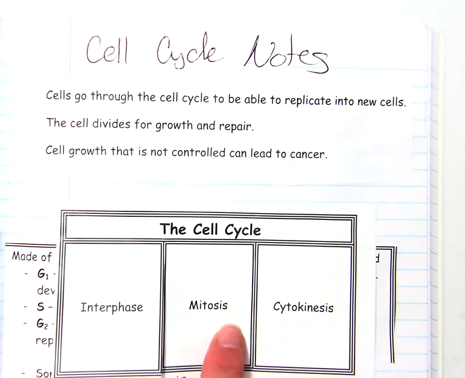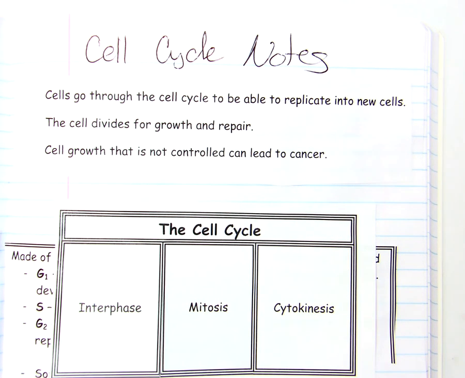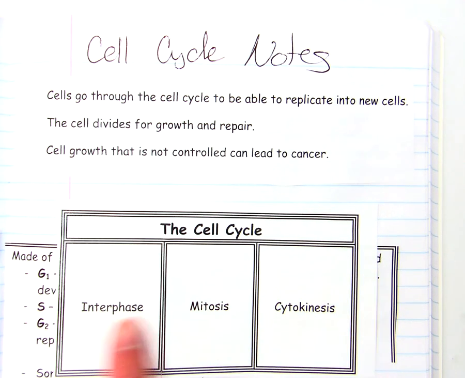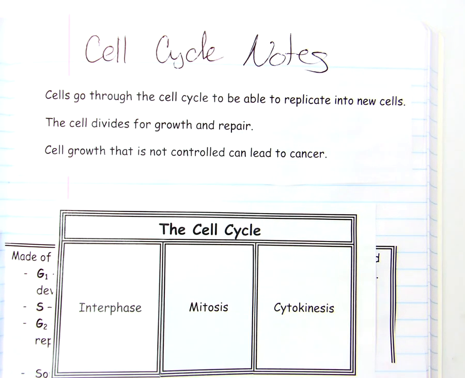When it comes to the cell cycle, our cell cycle is going to have 3 stages: interphase, mitosis, and cytokinesis.